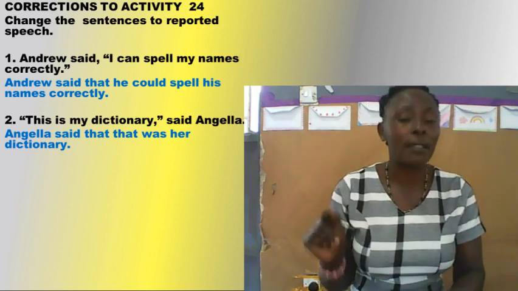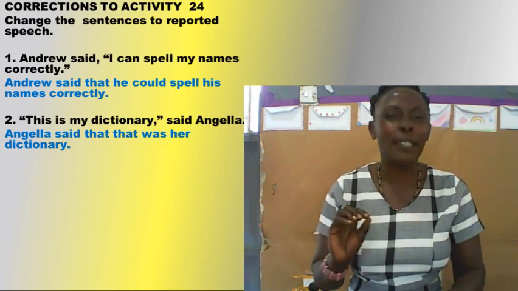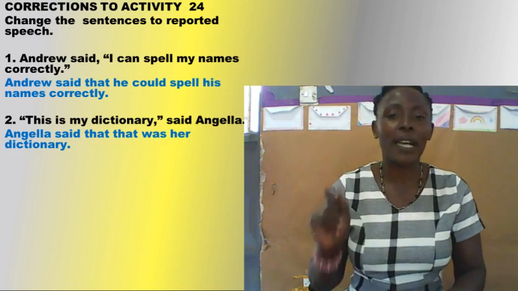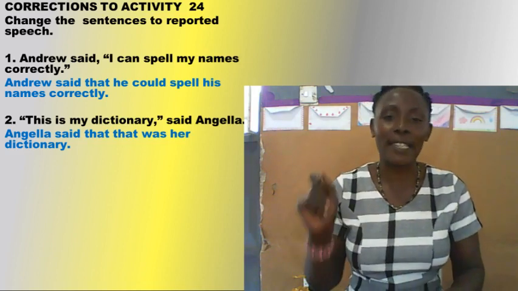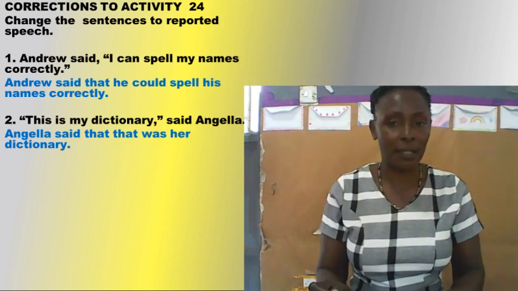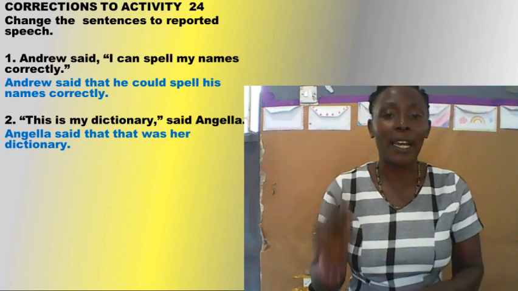Take a note of that. But if it's not a fact and we consider the time, we have to say Angela said that was her dictionary, or Angela said that dictionary was hers. You'll look at the facts.